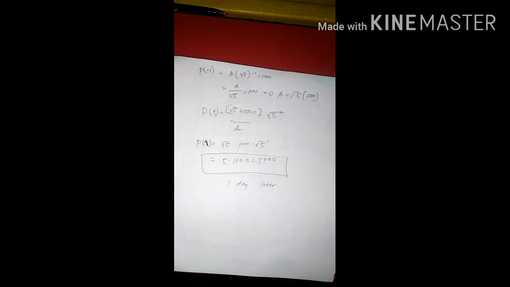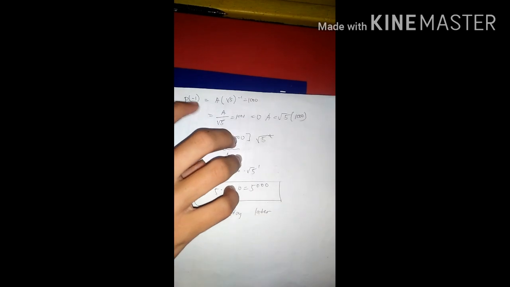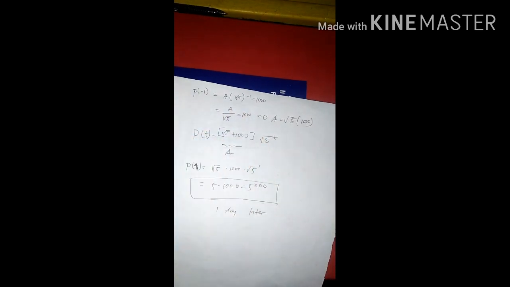I should be careful, I didn't replace my t there. The population when t equals negative 1, that looks a little bit better. This equation will be a over the square root of 5, and that equals 1000.